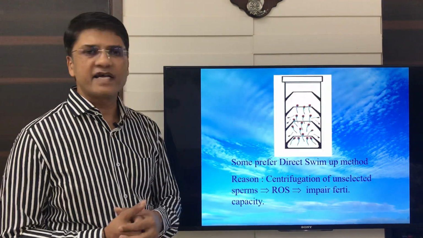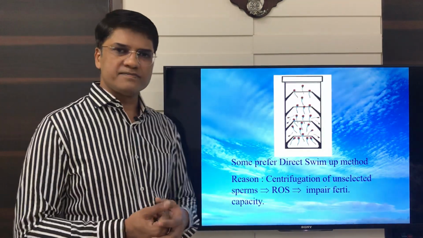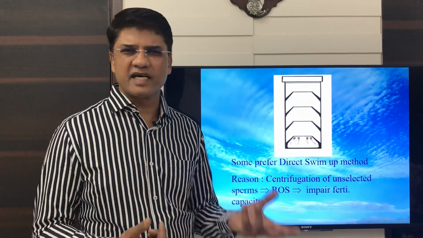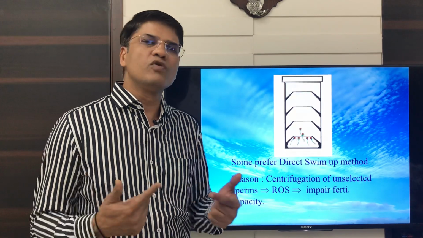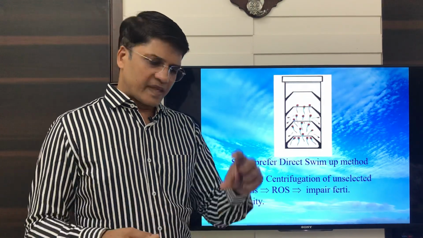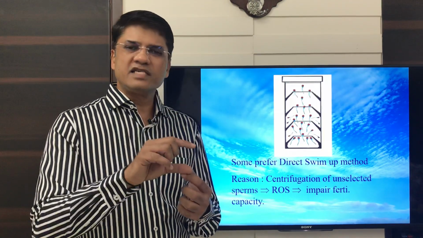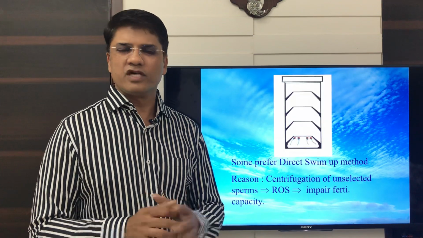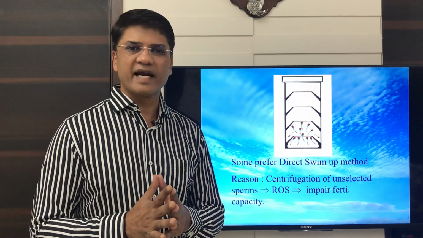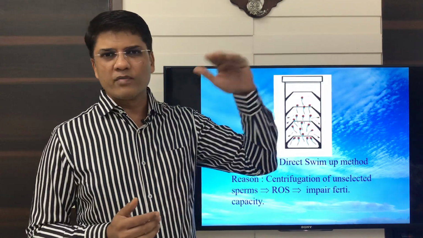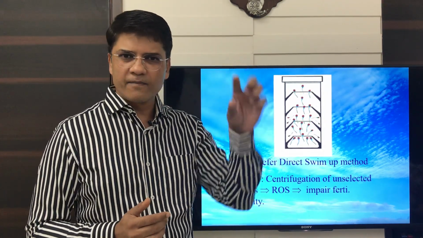Now some prefer the direct swim up method. As I have discussed, when we centrifuge all these sperms with leukocytes and dead sperms and everything, they have more tendency to produce ROS. So what some people do is take the semen and overlay the media straight away, 2 ml of media over it. So they don't do any washing of this unselected sperm. All the good motile sperm try to come into that 2 ml of media.